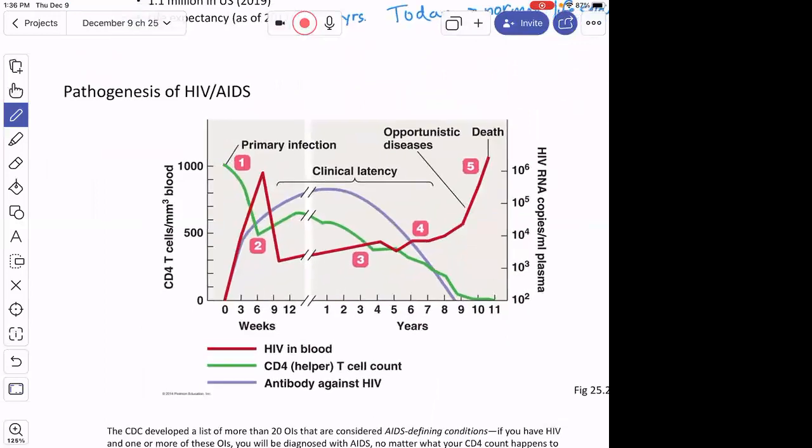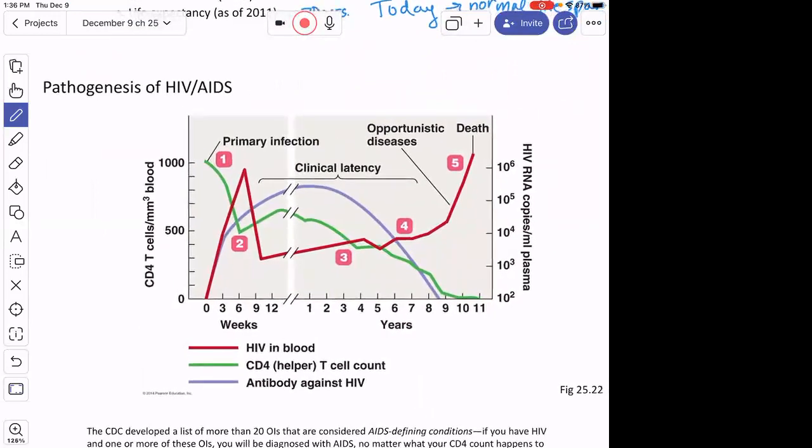What's going on in the body? This is a really cool, complicated figure in your book here. What happens when somebody's infected with HIV? So let's start here at the number 1. This green line is the CD4 helper T cell count. So when a person is first exposed or infected, the virions target these helper T cells, and a lot of them die really quickly.